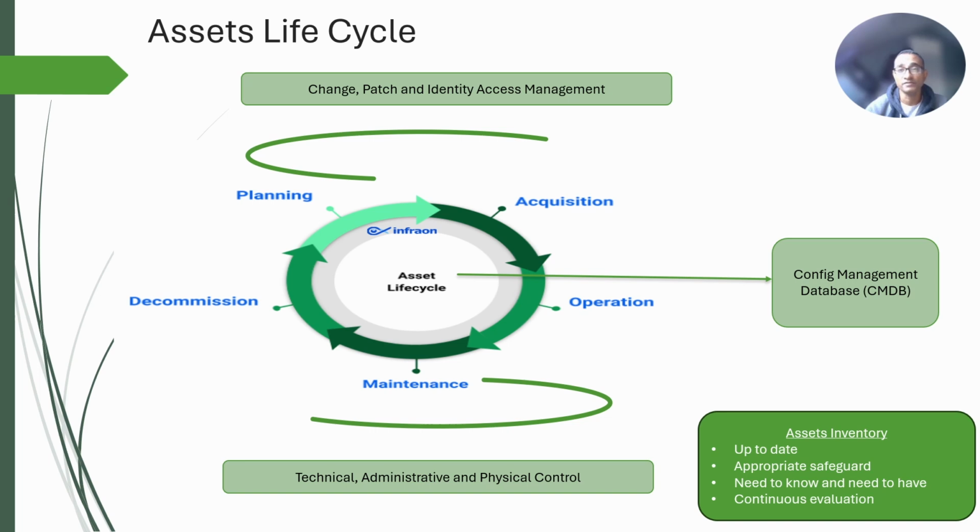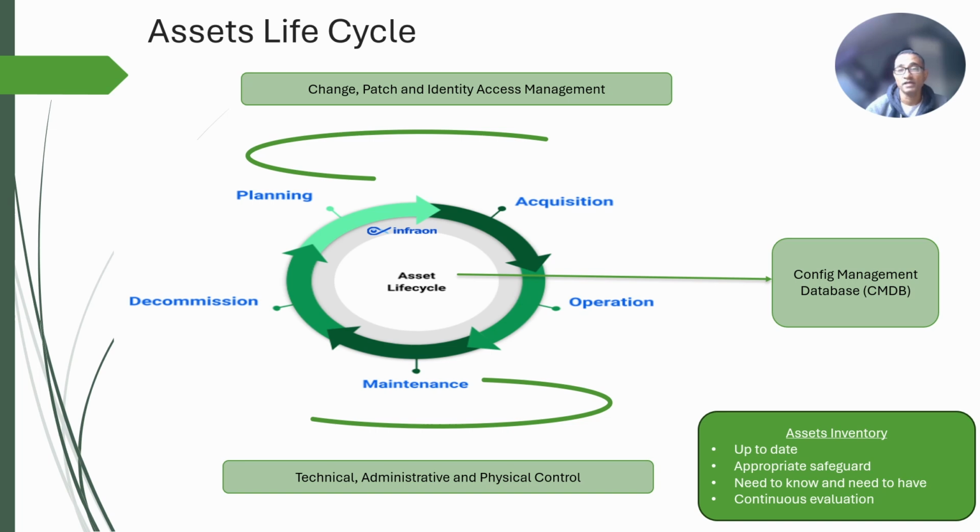Over the life cycle of an asset, we do many things as we have already identified. In terms of applying controls, we have different control areas like change, patch management, and identity access management. We also have different kinds of controls that we apply, and those are technical, administrative, or physical controls.